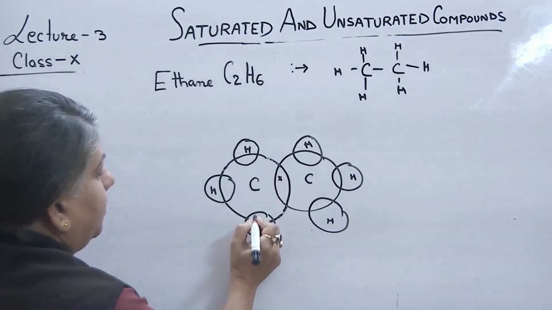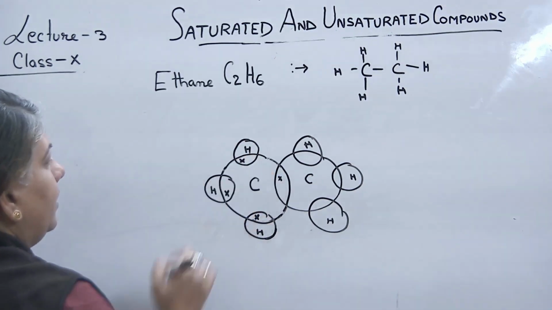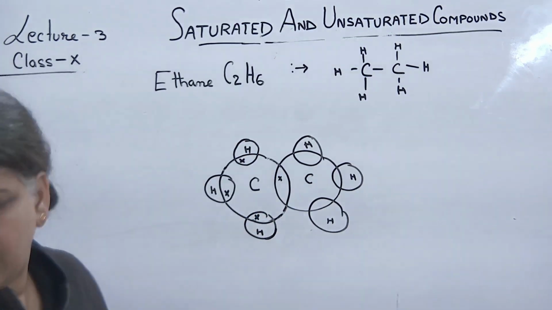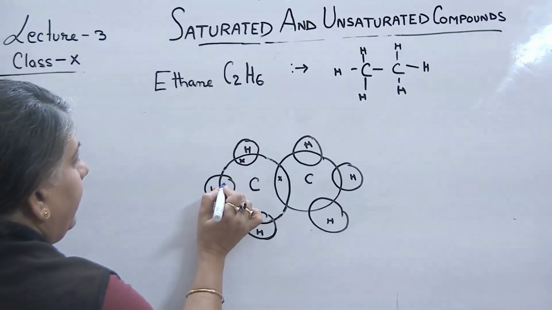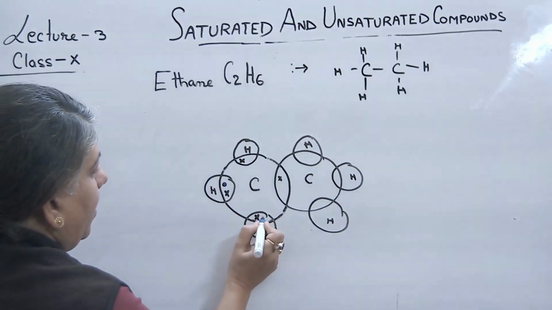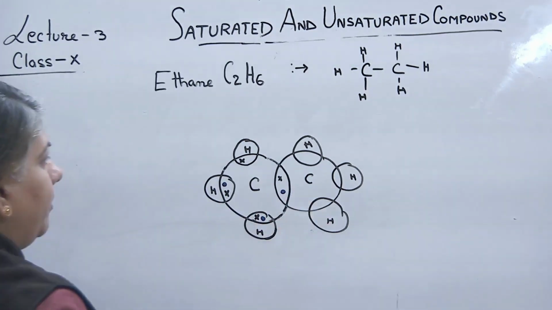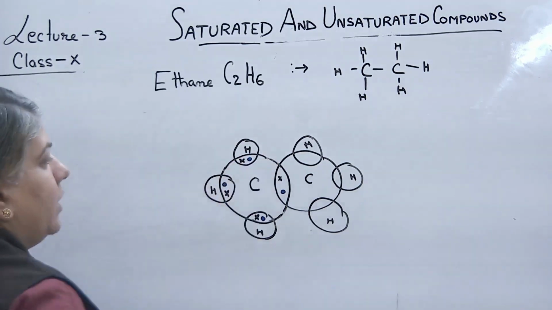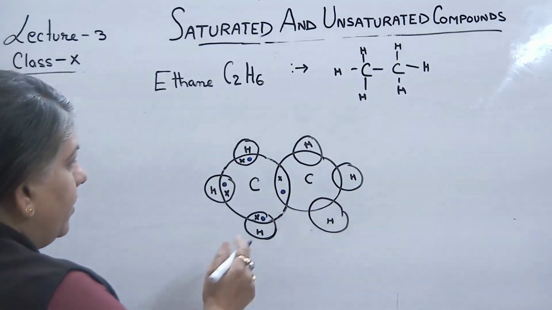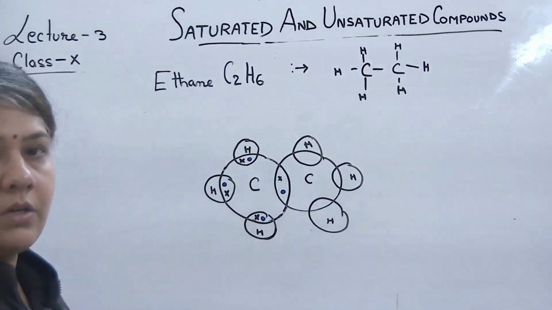Let's put the carbon electrons in the shared region, and hydrogen, let's represent it by a dot. You can use color pencil also for your exam, or just use cross and dot. So hydrogen is represented by a dot and carbon by a cross.